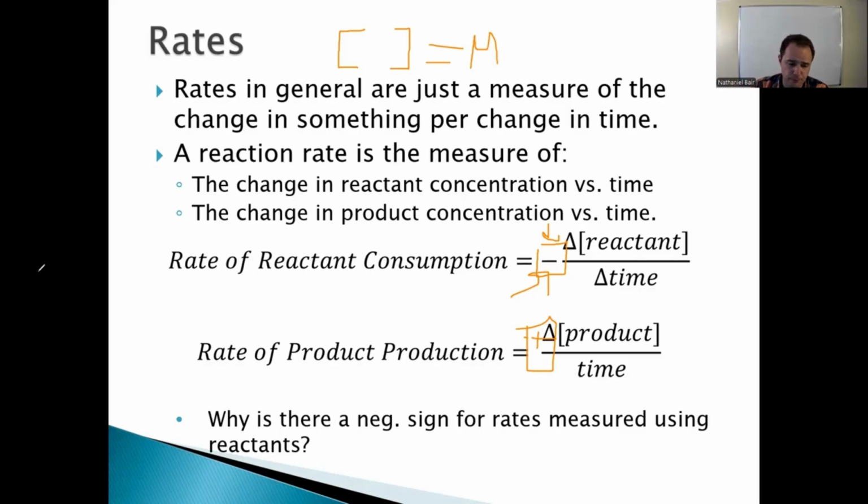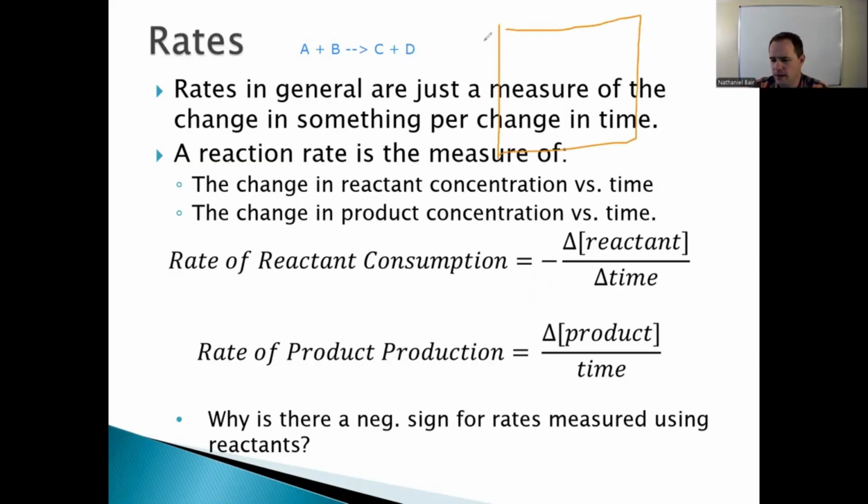Pretty easy to understand. Say I have a reaction of A plus B goes to C plus D. And let's say these are all gases, because that's easy to understand. Okay, if I pump a whole bunch of A's and B's into a flask and I seal it up, well, what's going to happen?